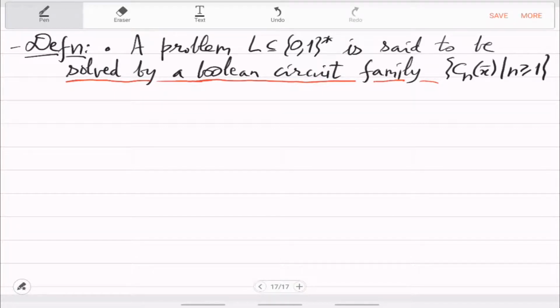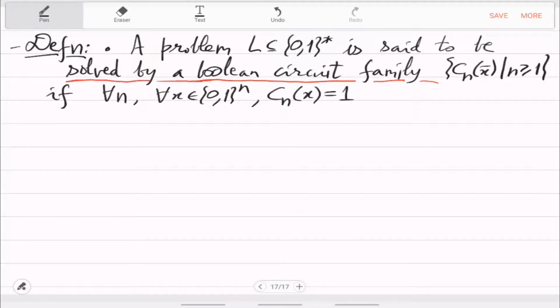By a circuit family Cn, for every n, if for all n and for every input x in {0,1}^n, you get Cn(x) = 1 if and only if x is a yes string.